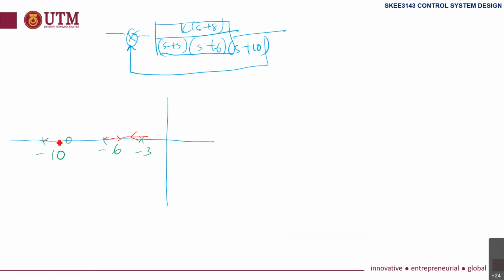So this will go here, so that's why it will be like this. So this is the root locus.